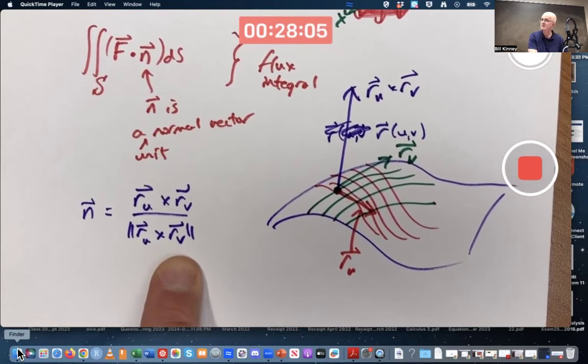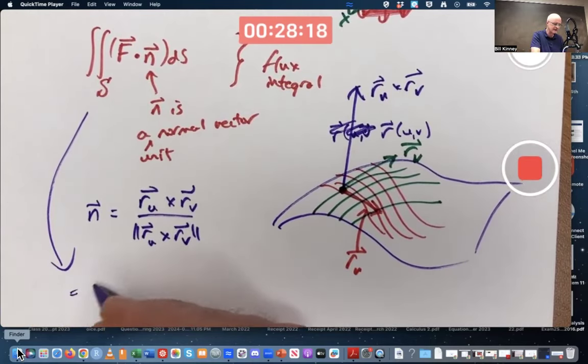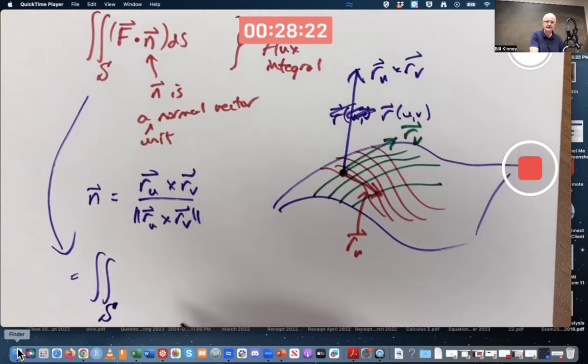So anyway, once you've defined that to be your unit normal vector, based on your parameterization, then you can say this integral becomes, fancy S is the surface itself. Well, okay. Let's change that, sorry. Let me not specify what the region of integration is yet at the moment. Replace n with RU cross RV divided by its magnitude.